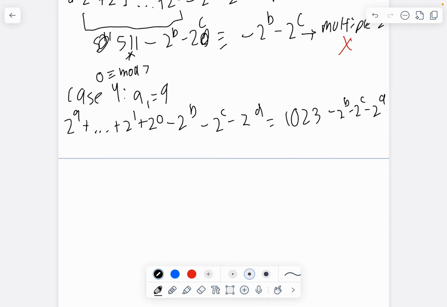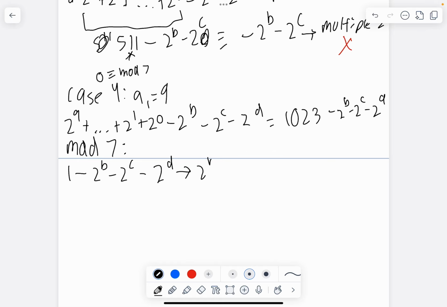And as we compute this equation in mod 7, 1023 is divisible by 7, so we need this in mod 7 to be equal to 0, with 2^c equal to 2 and 2^d equal to 4.